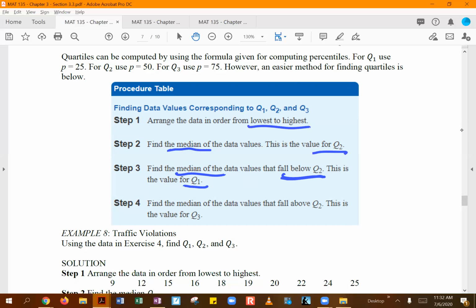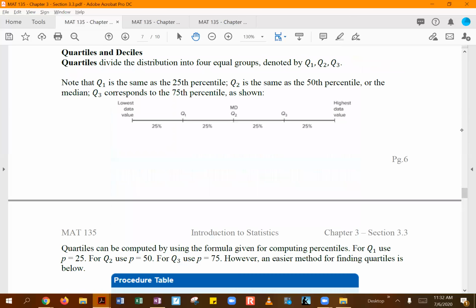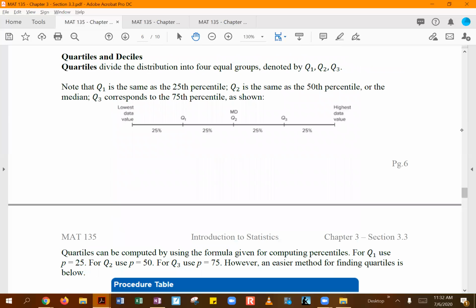Then look at all the data values that fall above quartile 2 and find their median again, and that of course would be the value for quartile 3. So technically, you're finding the medians for quartile 1, 2, and 3. Start by finding your quartile 2, which would be our median.